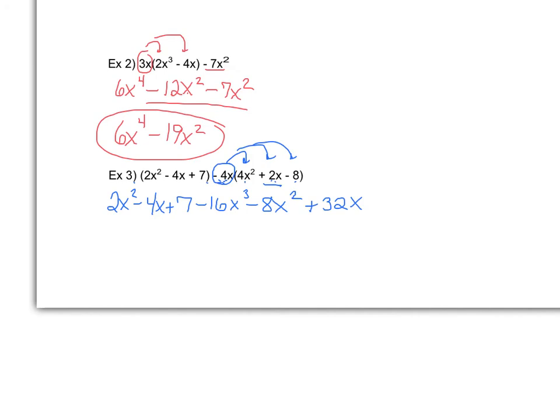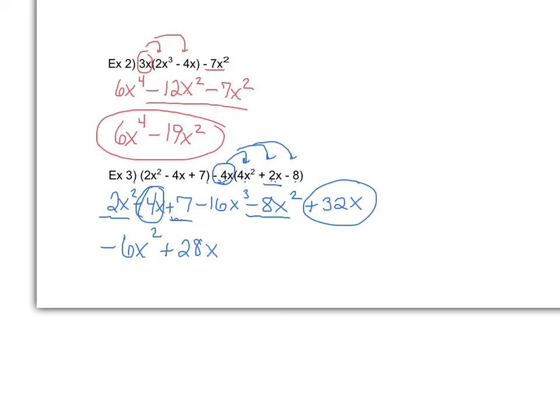I check to see if I have any like terms. x squared and negative 8x squared is going to be a negative 6x squared. Adding and subtracting, don't change your exponents. Negative 4x, I missed the negative, and a positive 32x. I can go ahead and combine those, and I get a positive 28x.